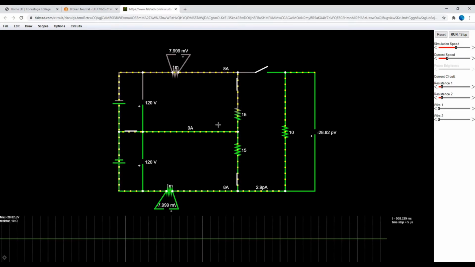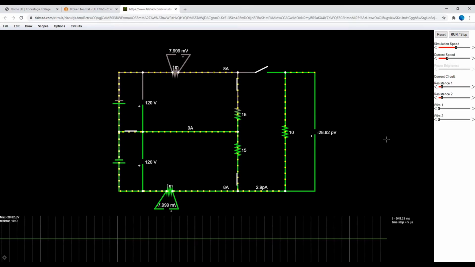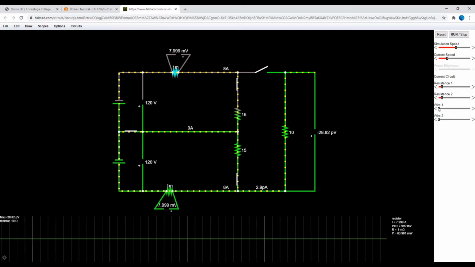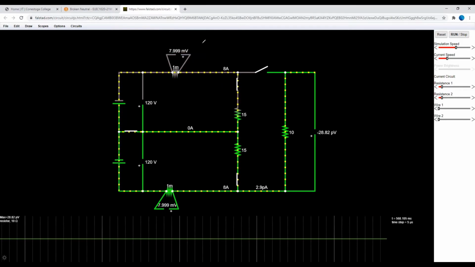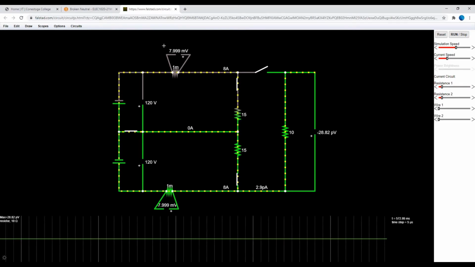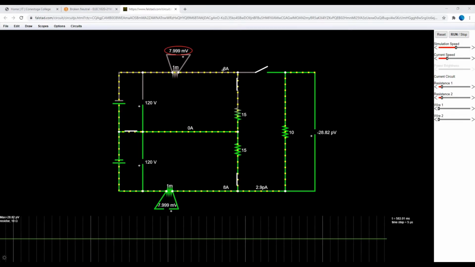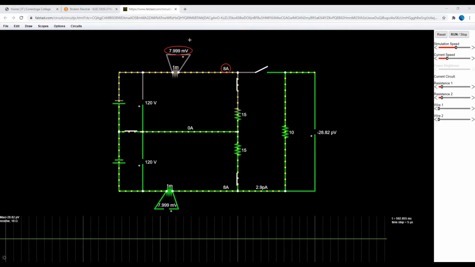Now, what I want to simulate here is the following. What's going to happen when we have wire resistance? In this case, I am going to increase it, and I want you to see what happens right on the top here. I want you to notice what happens to this wire, and what's going to happen to the total current that we have in the circuit.